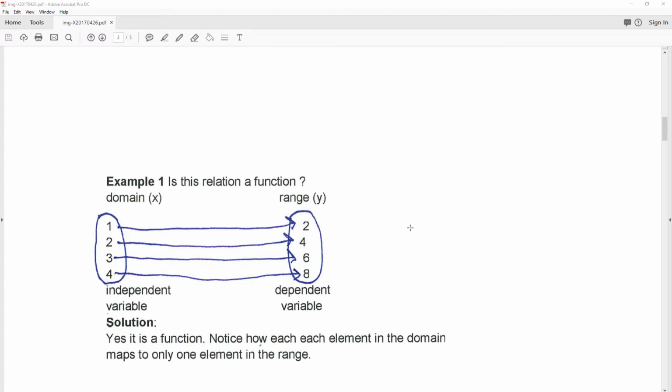So in this example, is this particular relation, this mapping, a function? Now if we look at the domain and the range, we see that each input maps to one and only one output. Yes, it is a function. Notice how each element in the domain maps to only one element in the range. So it is a function.